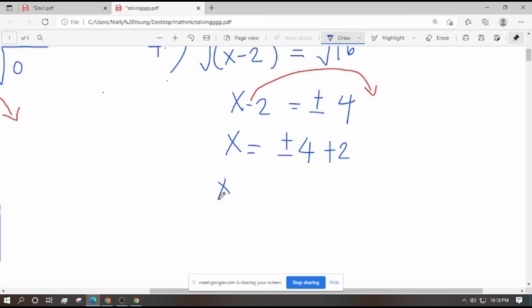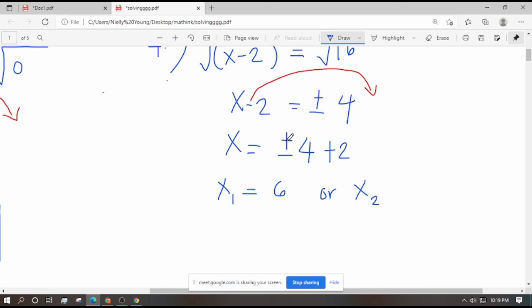So, let us say x sub 1, meaning the value of x, we will use the positive 4 first. Let's start with positive 4. So, positive 4 plus 2 is positive 6. Done with one x, and x also has another value. x sub 2.